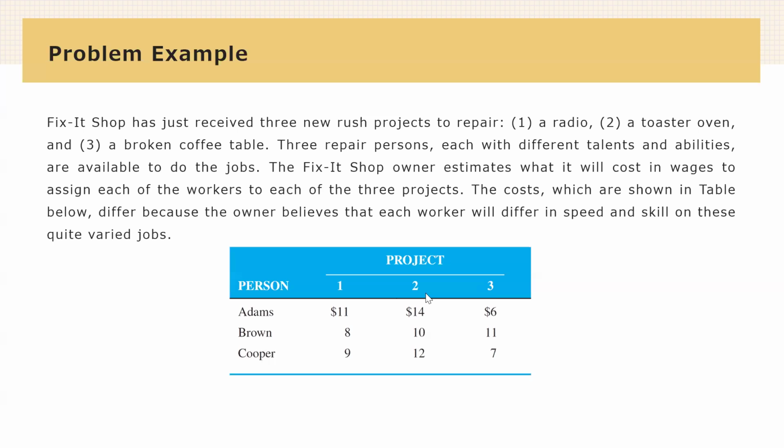If we assign Adam to fix radio, the cost will be $11. If we assign Brown to fix the radio, the cost will be 8,000. And so on. Cooper, the cost will be 9,000.